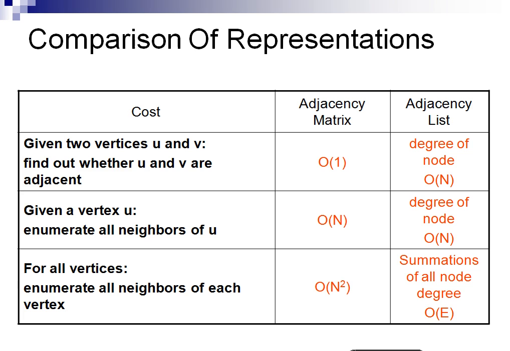What cost are we paying in case of adjacency matrix? It is big O of 1. This is the computational complexity in case of adjacency matrix. Whereas in case of adjacency list, it is the degree of node. So it is big O of n, where n is the number of nodes.